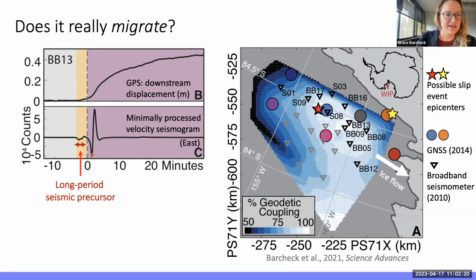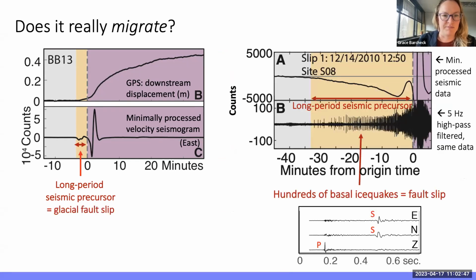This data is minimally processed. It's basically taken out of the seismometer and downsampled. So in terms of units, it's hard to say, but it's a few minutes long negative excursion on this broadband seismometer that seems to correlate with the slow slip precursory part of the slip event.